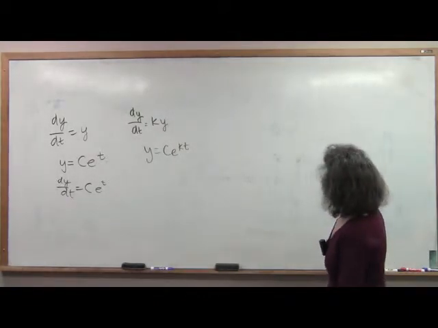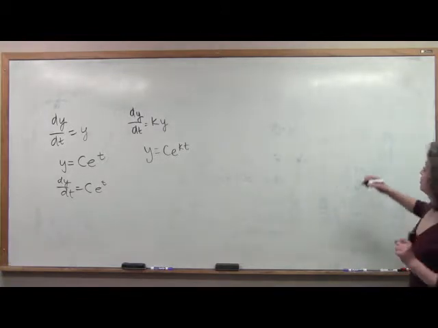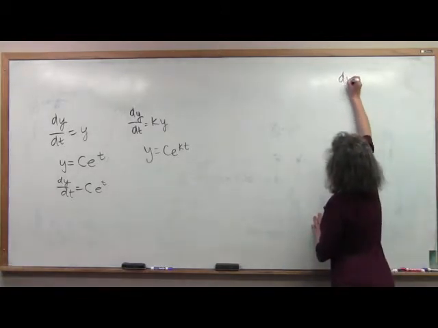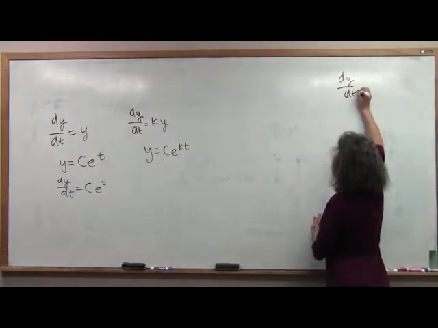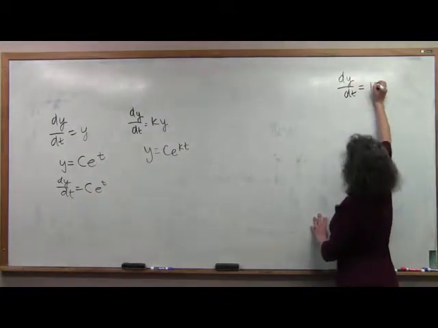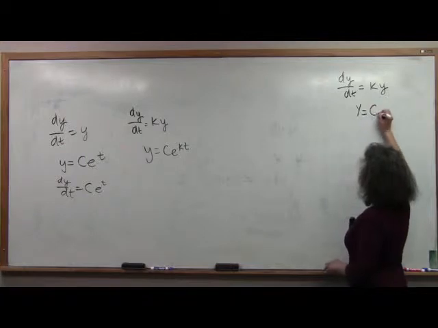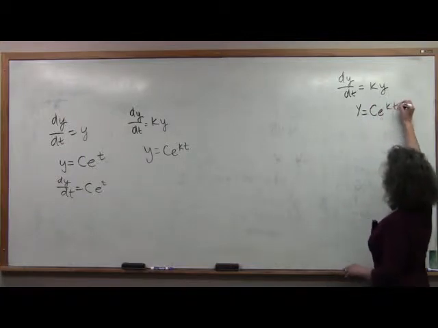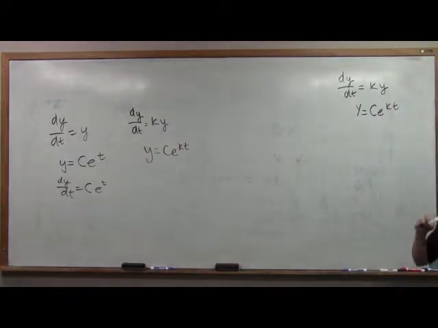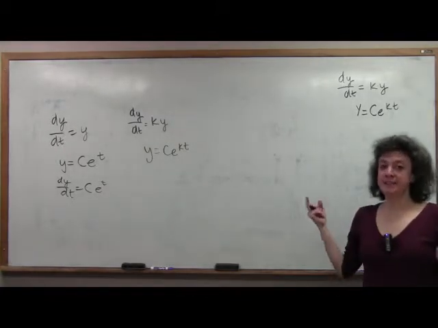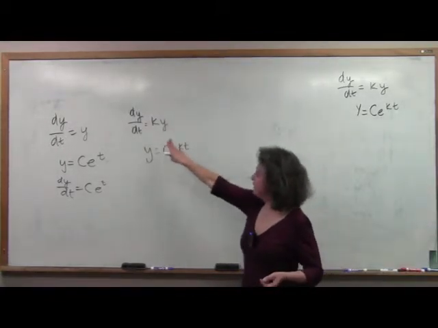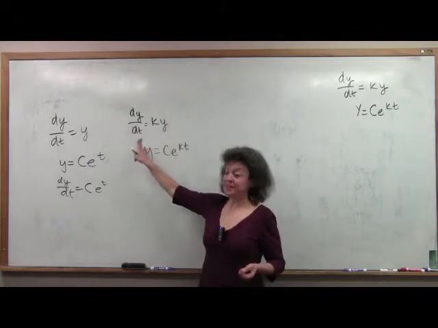Okay? So, one differential equation that we're going to look at is going to be of the form dy dt equals k times y, and the general solution is c e to the kt. Okay? If you don't believe me, take the derivative of this and you can verify the solution.